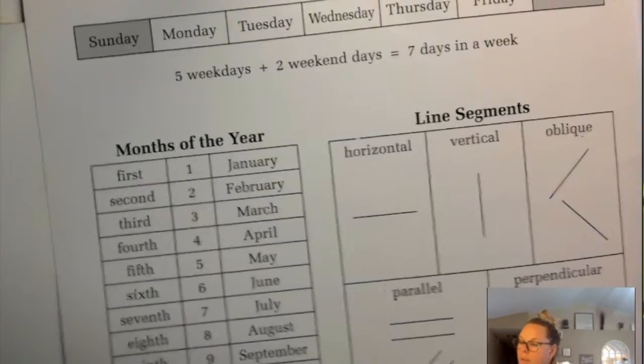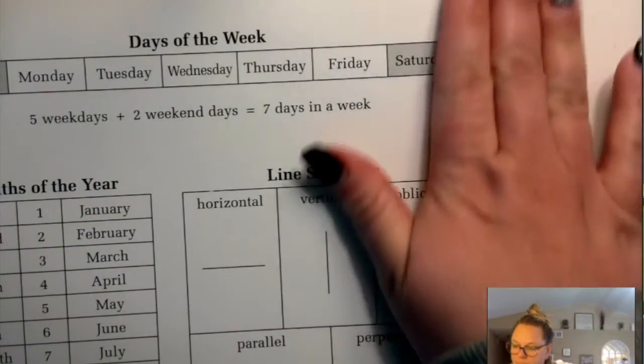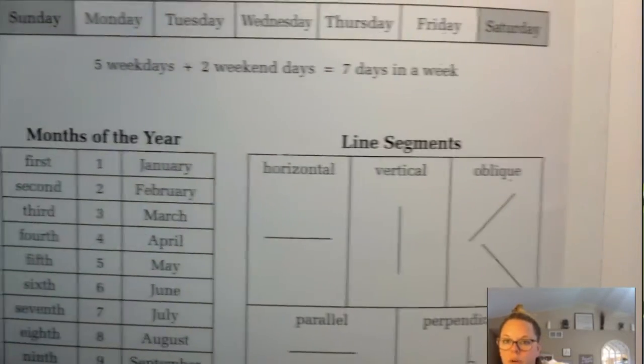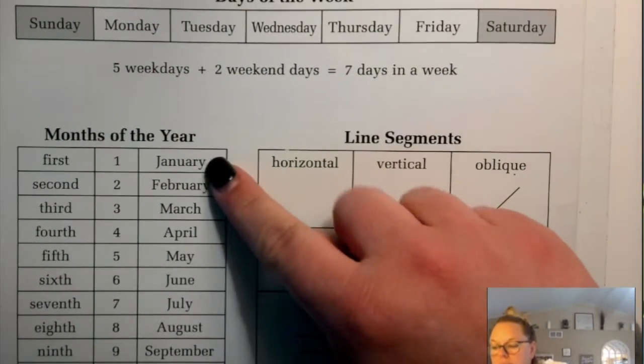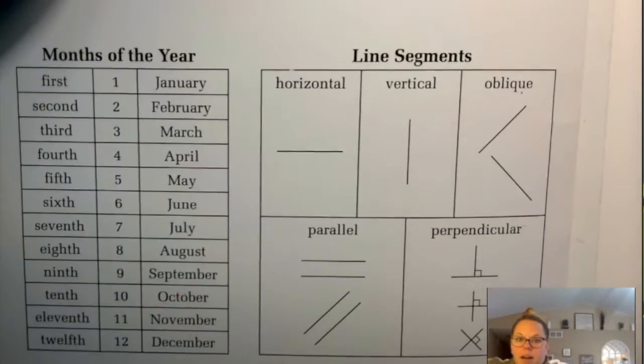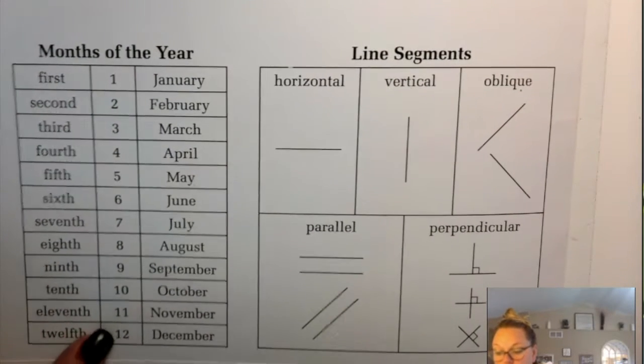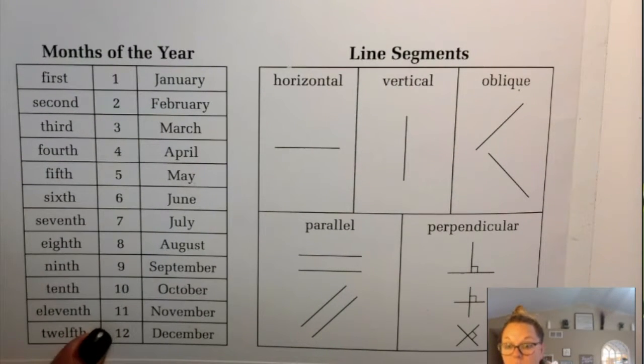Okay, so I'm going to take mine and, just because of space, fold mine over like this. You can just have yours sitting to the side. That's okay as well. Now, when you're looking inside of your folder, you're noticing it says months of the year. And after months of the year, it shows you the digit or digits that go along with that month.